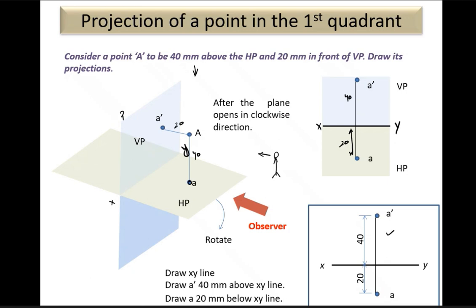Because when a worker or any other person is observing your drawing, if he sees that this point is 20 mm in front of VP and 40 mm above HP, and you give him this final drawing, he will be able to imagine where this point lies. Okay, these are sufficient conditions to define a point. Is it clear?